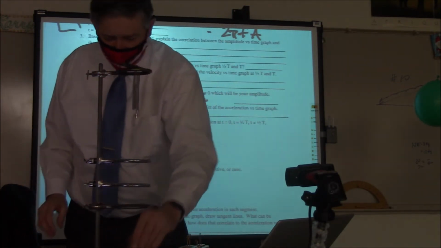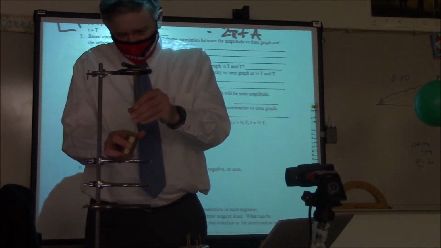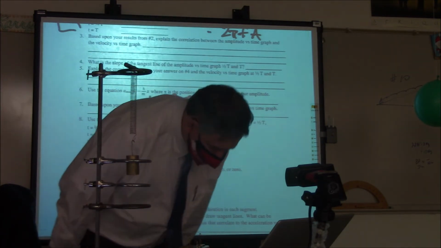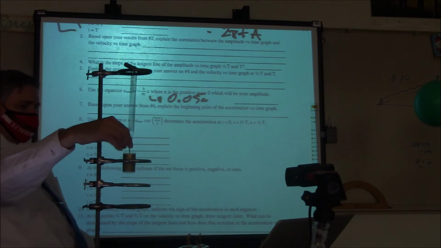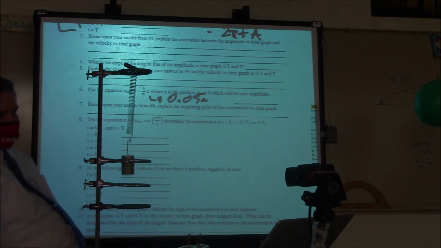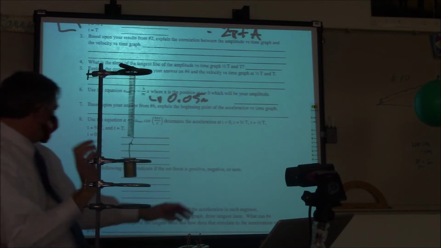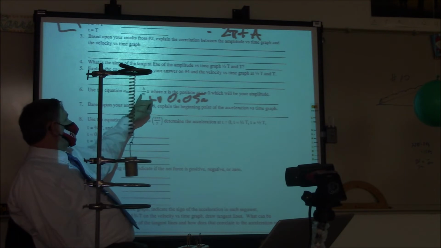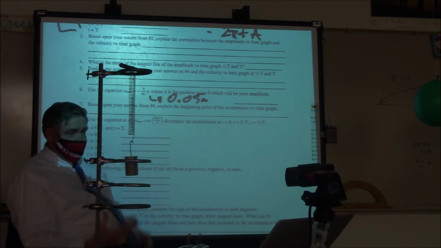So, as I make this spring oscillate, if you look at that oscillation in terms of this equation, notice that this mass is in the denominator.